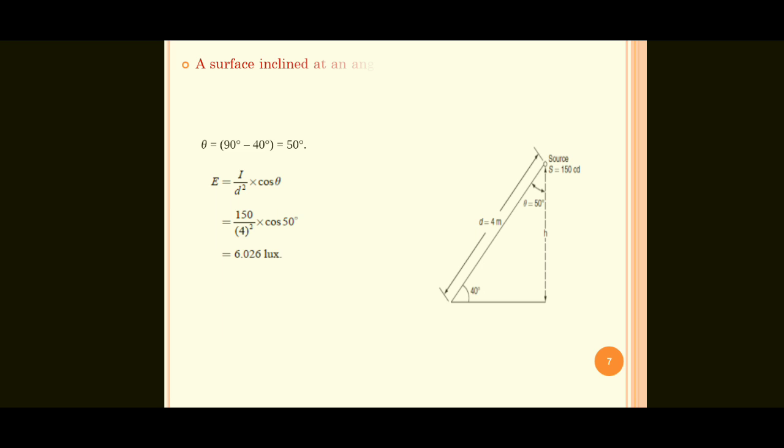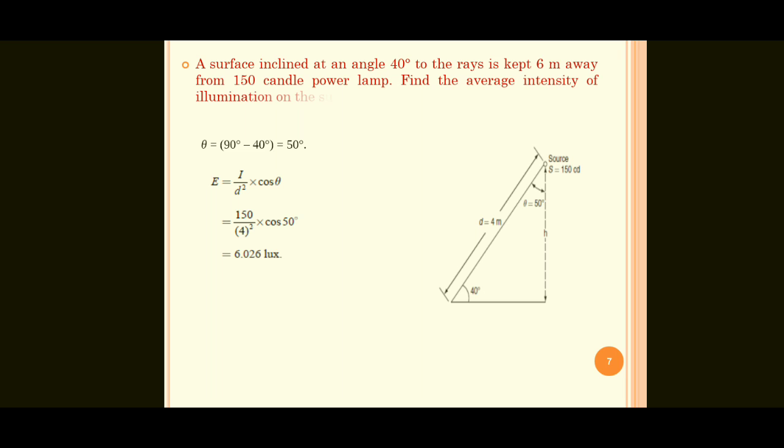And finally, a surface inclined at an angle of 40 degrees. From the source to the surface, the angle is mentioned, so we have to calculate theta. Next, substitute in the standard equation. Illumination means I by d square cos theta or I by h square cos cube theta.